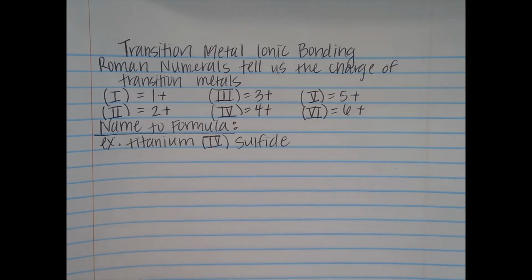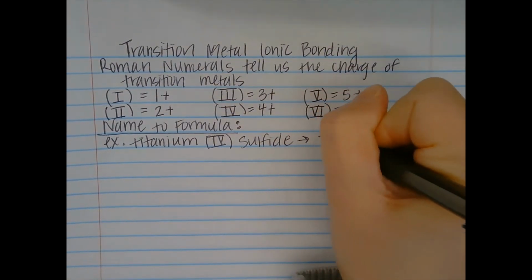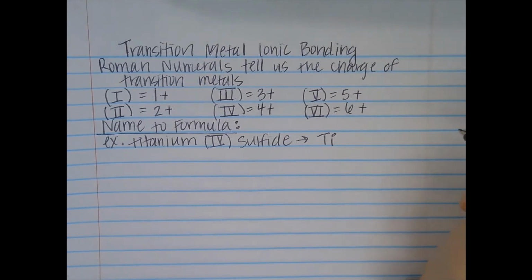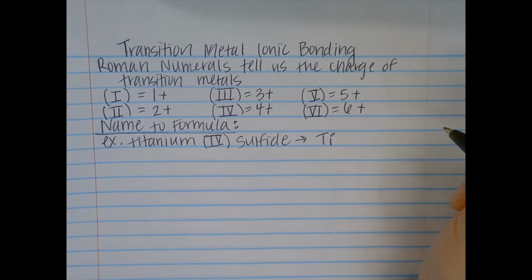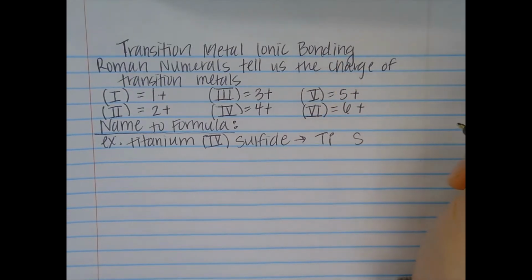If we write out the formula the same way we did before, we start with our symbols. Ti is titanium, capital T, lowercase i. Sulfide is sulfur as an ion.